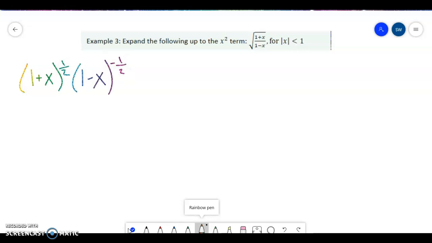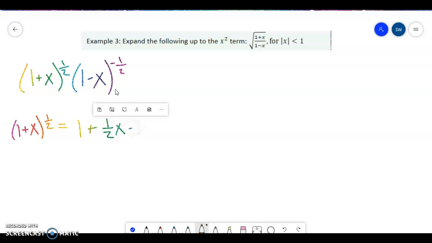What we're going to do on this problem is expand each of these individually first. So let's do that. 1 plus x to the 1/2, using the same practice we've done this whole time, expanded out would start with just 1 plus the power times the x term plus the power times 1 minus the power over 2 factorial x squared.